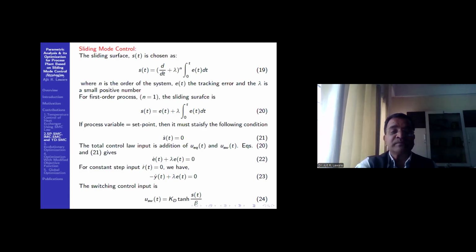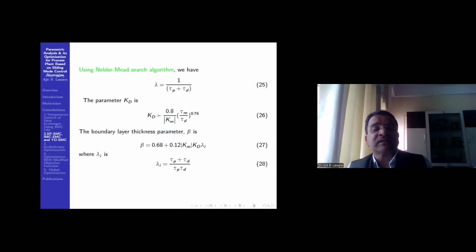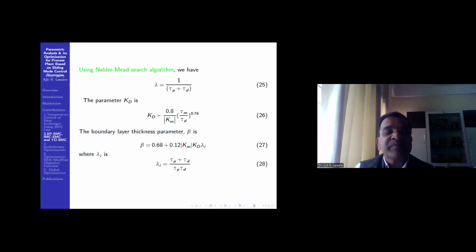Using the Nelder-Mead search optimization algorithm, lambda is given by equation 25, and Kd, that is the switching gain, is represented by equation 26, and the boundary layer beta is represented by this equation.